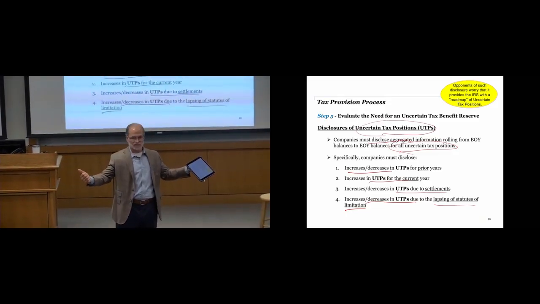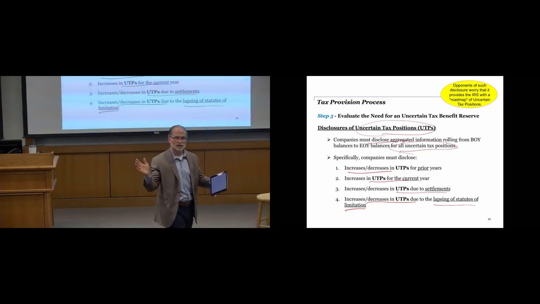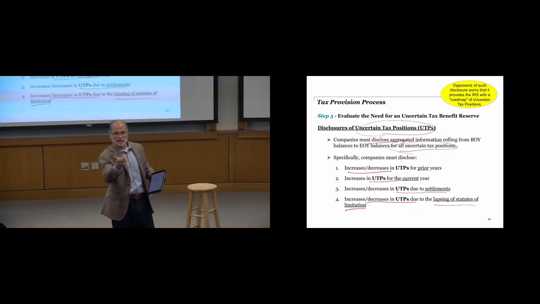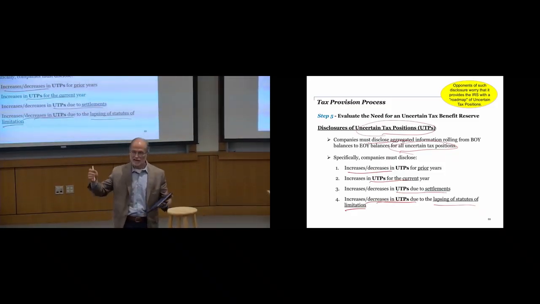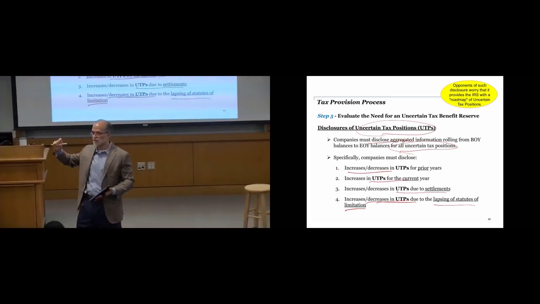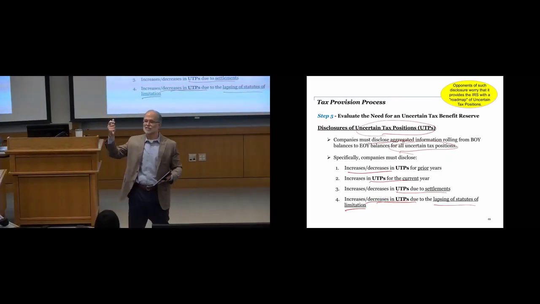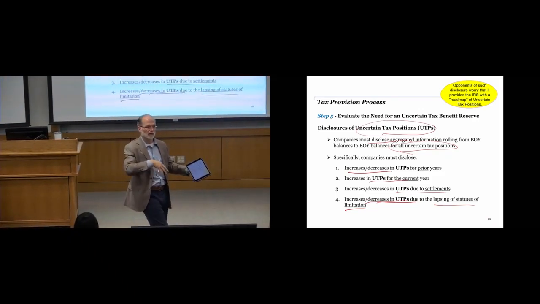Because you got the full benefit, right? Because nobody can ask a question about it anymore. So if you had an uncertain tax benefit, you get to unwind that. So that's number 4. And decrease to a UTP means that your statute of limitations, you won, nobody asked the question, you can't ask anymore, so you don't need a reserve money.